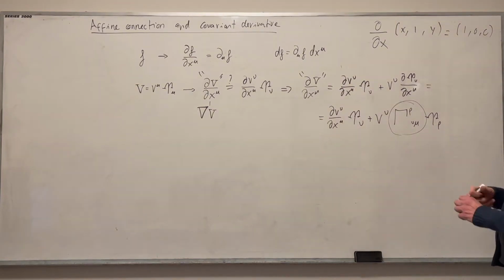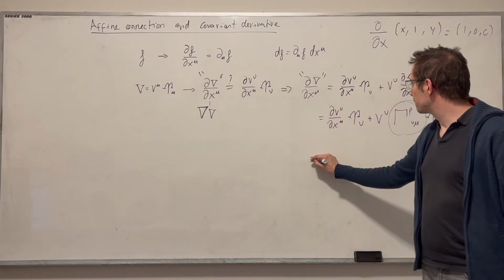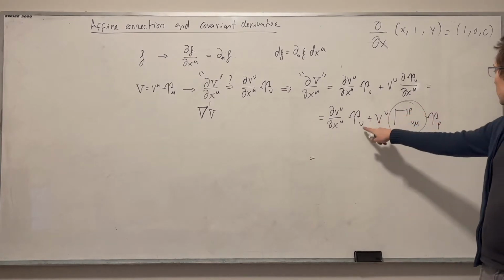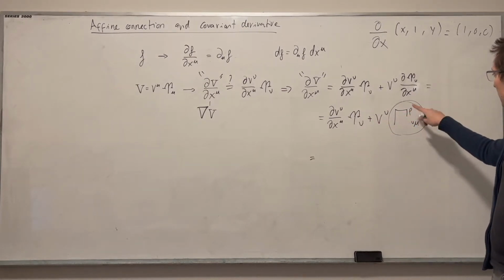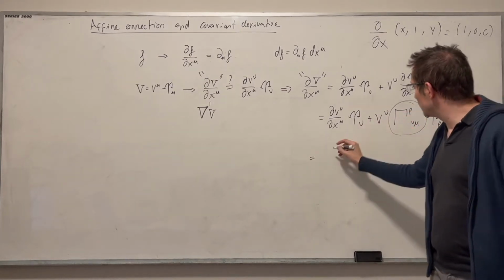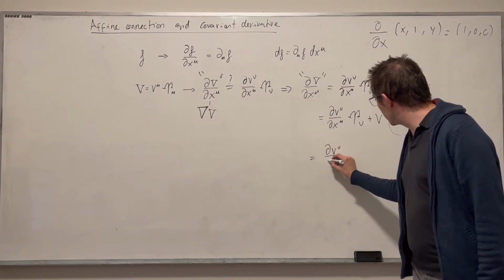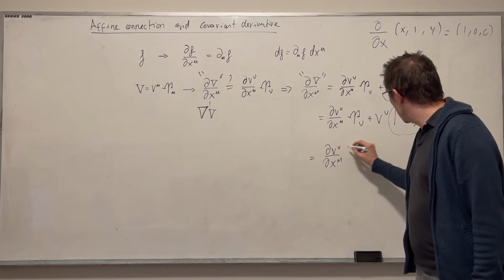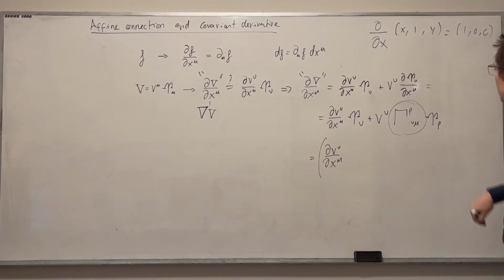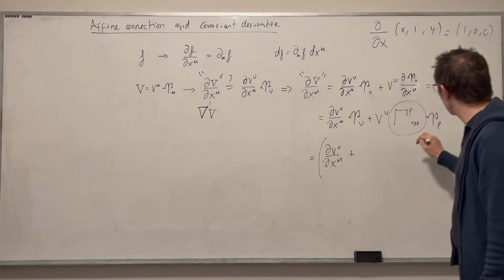Now, a last step that I can take is to take a common factor of this by changing the dummy indices. So let me call the index nu, that's easy here, so I can write partial v^nu over partial x^mu, and then I take the epsilon_nu outside, and now I'm going to change the index.